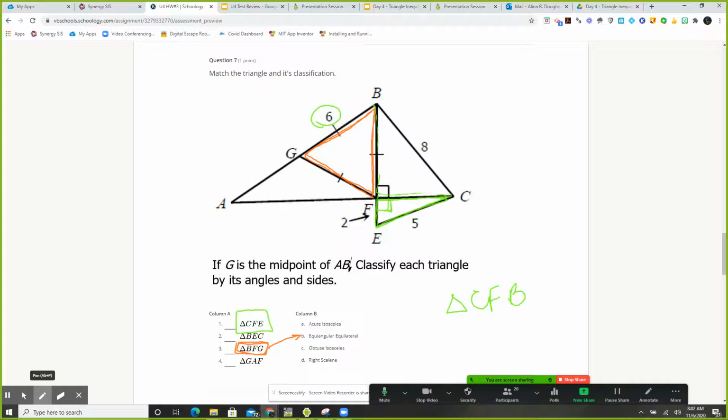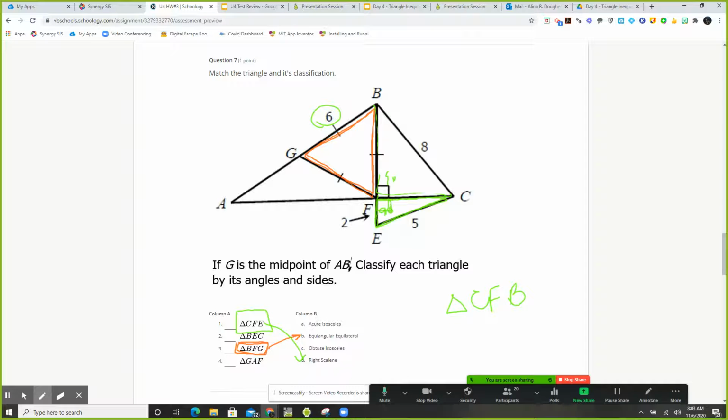They should add up to 180, 90 and 90, right? So if I have a straight line and it's cut with a 90-degree angle, then it's been bisected. I've got 90 degrees on the top and 90 degrees on the bottom. So what kind of triangle is that green triangle? Right scalene. All the sides are different.